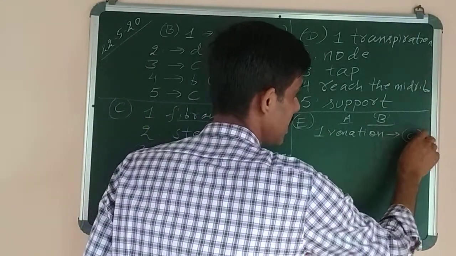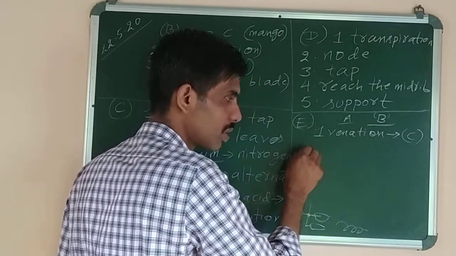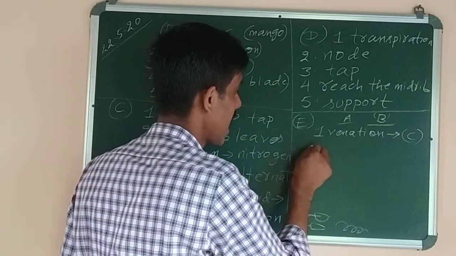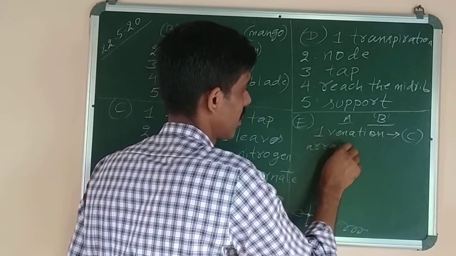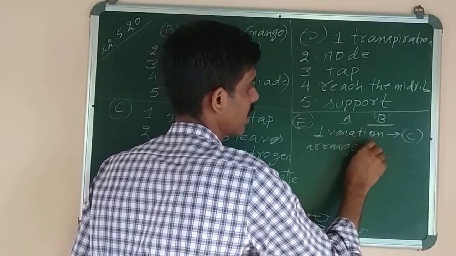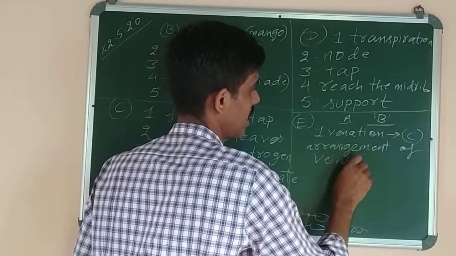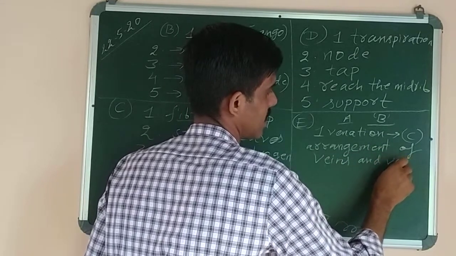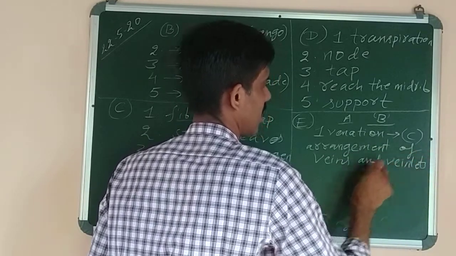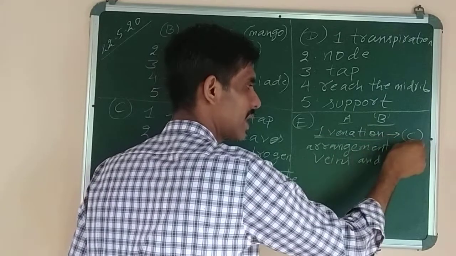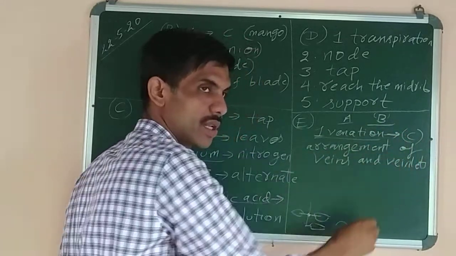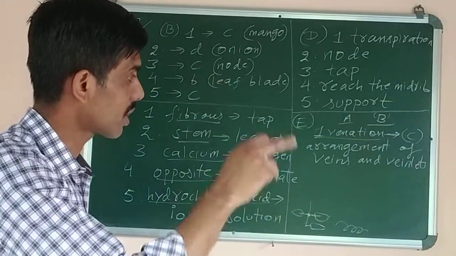So write number C, and while writing the answer, write this one also, like after writing number C, arrangement of veins and veinlets. Means number 1 venation, right, and then give the arrow and write this answer also. Straight line answer, no need to draw crisscross.